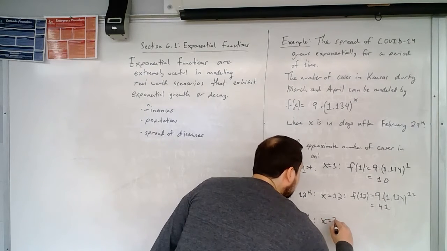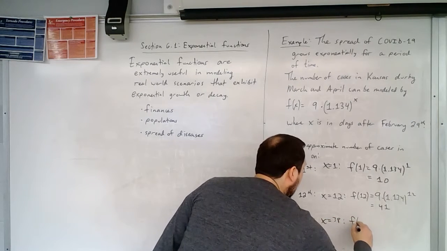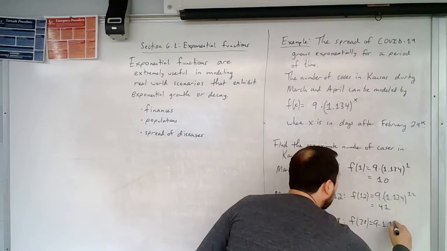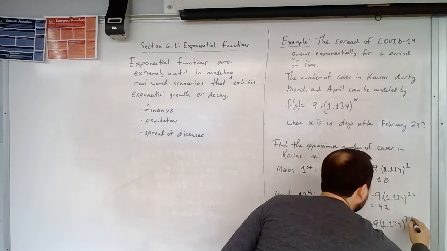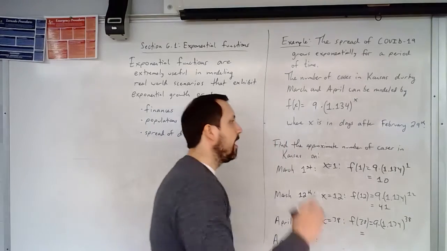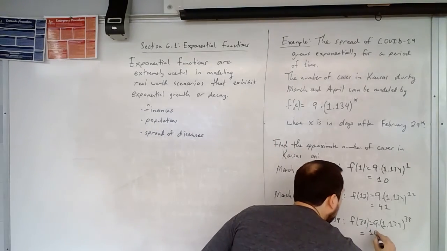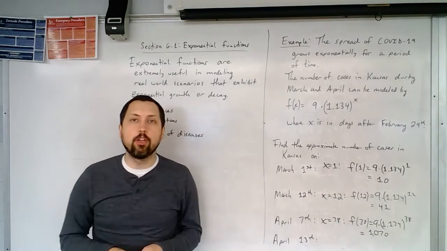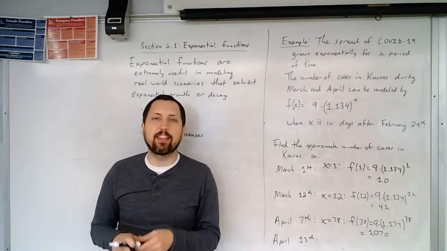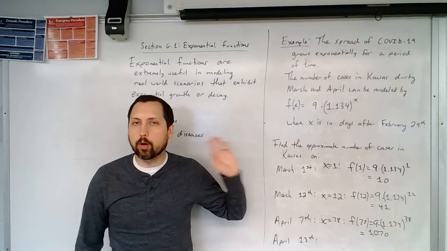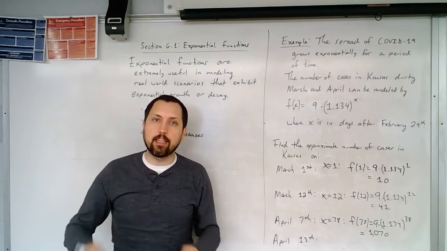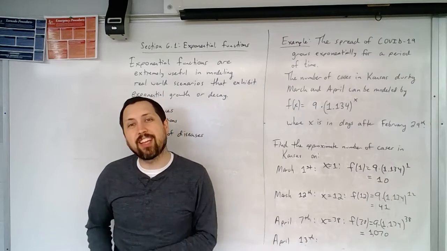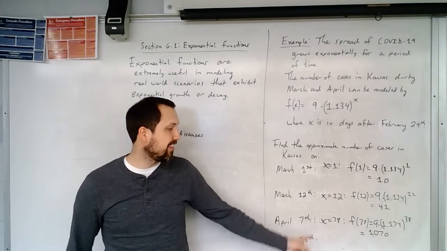So I'm going to plug in x is equal to 38. So f of 38 is equal to 9 times 1.134 raised to the 38, and this number comes out to being 1,070. Remember, this is just approximations, right? We obviously can't have specific numbers, and it's not always going to work perfectly, but approximately these numbers appear. So now all of a sudden we're up to roughly 1,000 people on the 7th.